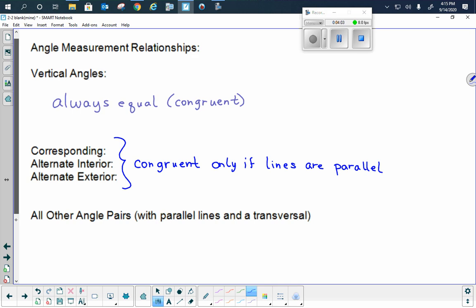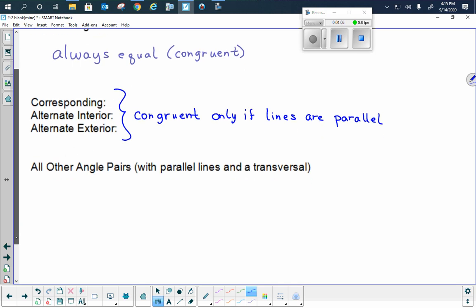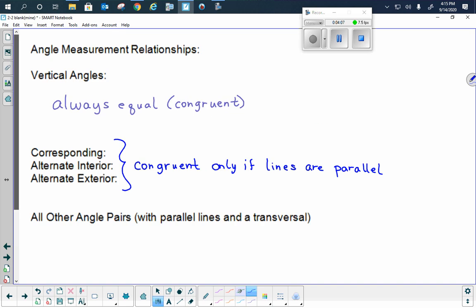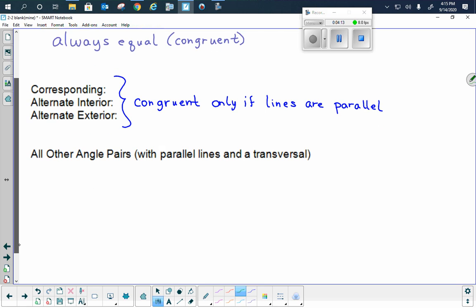And then all other pairs with parallel lines and a transversal. So again, as long as you have parallel lines and a transversal, then all other pairs that you can come up with are supplementary. Okay, they add up to 180.